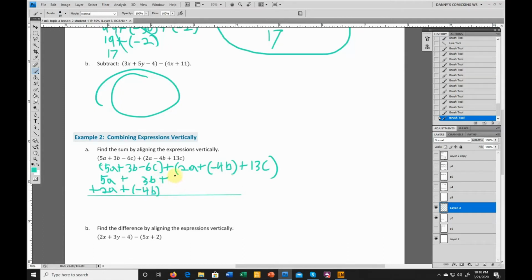Plus, parentheses again when you have a minus, minus 6c plus 13c. So we know that we're going to have a c down here. This has to be 7. Remember, a negative and a positive will always be positive.